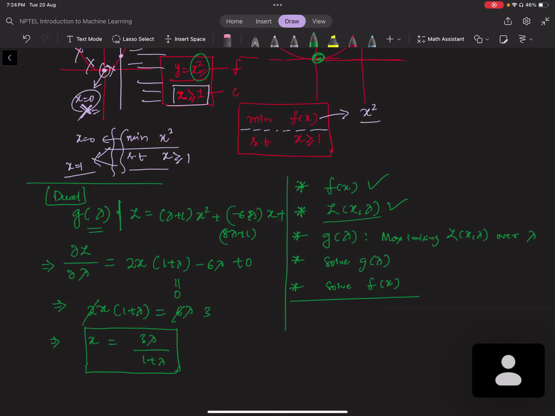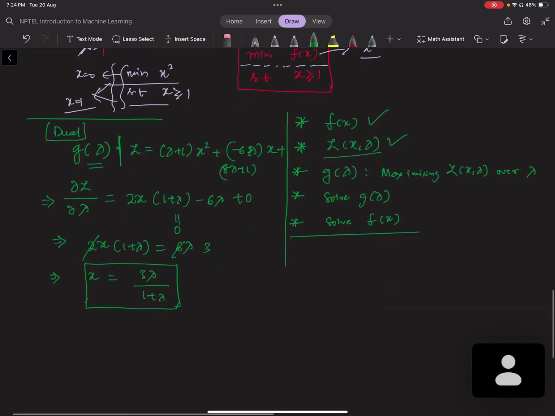From this, we can say that g of lambda will be equal to, so you have to put this one in this.